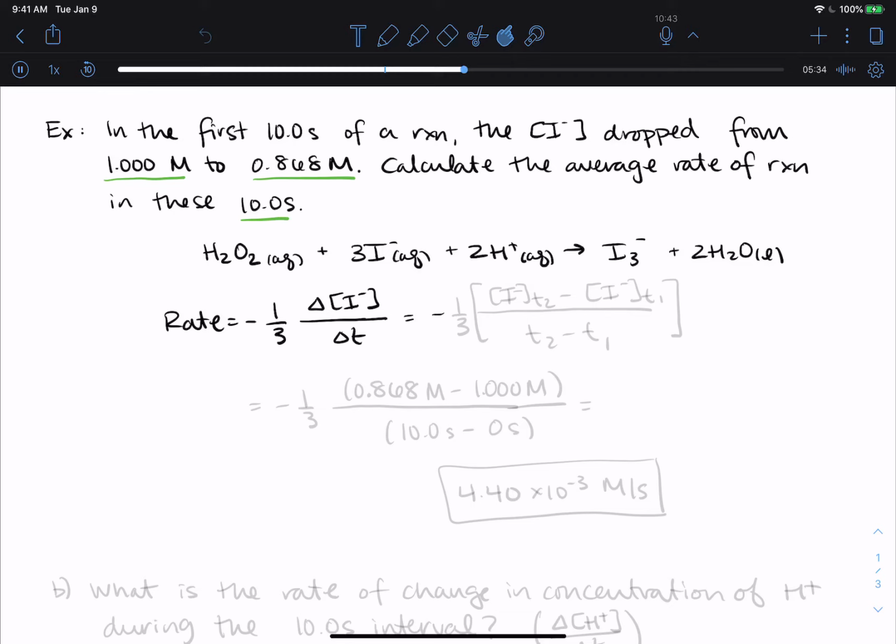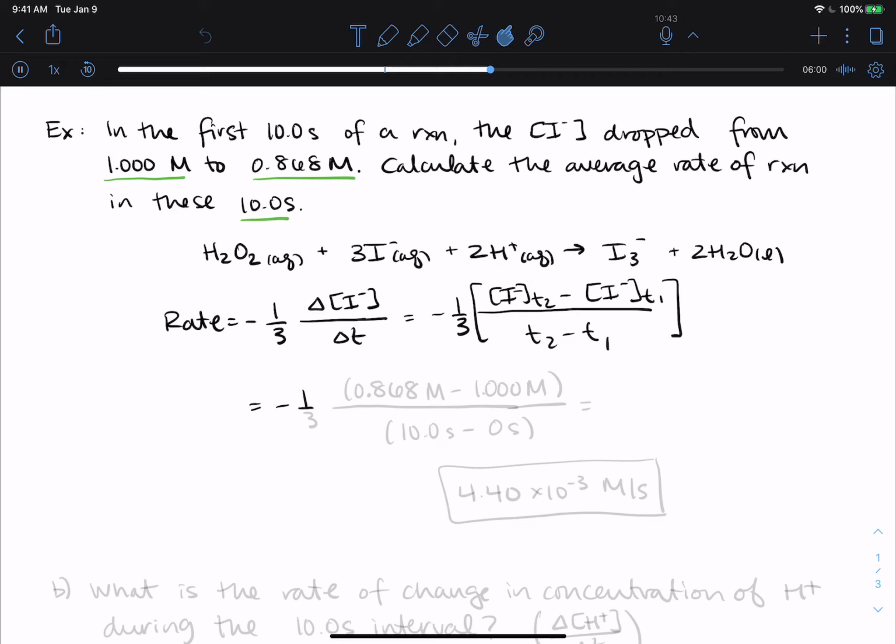And just to explicitly have this out here, now you probably don't need it, but just in case, we're talking about negative 1/3 times concentration of I minus at T2 minus concentration of I minus at T1, over T2 minus T1.